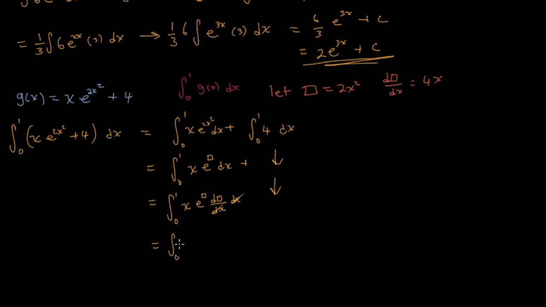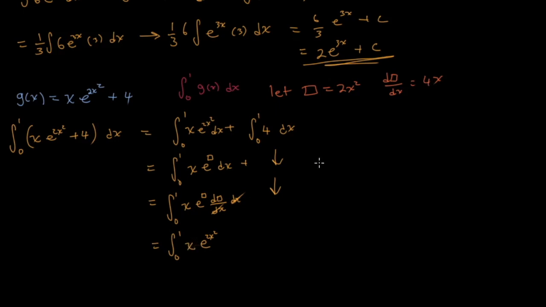And then from this point on, now what we want to do is we can substitute our placeholders in. So the box is equal to 2x squared, d box by dx is equal to 4x. Okay, now as you can see here, we already have an x.